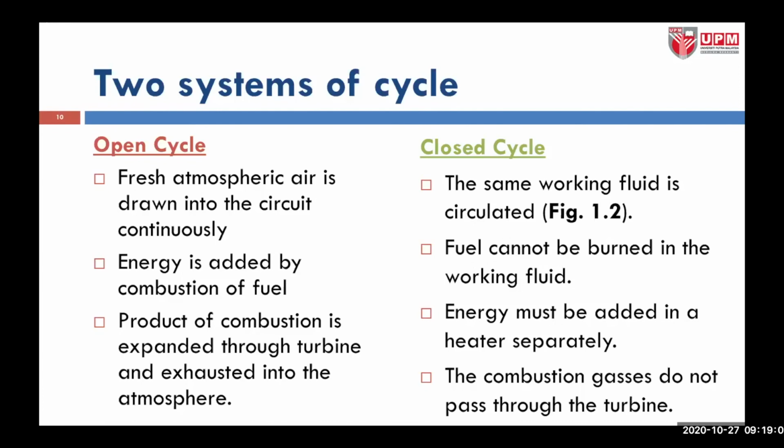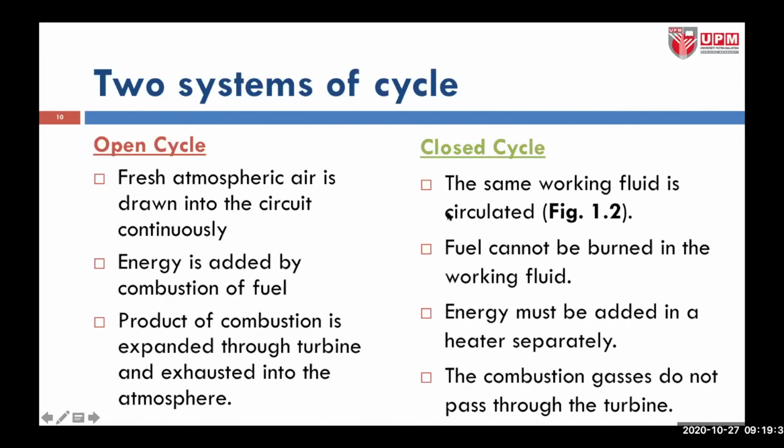So you need an extra compartment or additional parts. And then the combustion gases do not pass through the turbine because the heater is separate. There is no combustion occurring in the working fluid. Okay, those are the differences between an open cycle and a closed cycle.